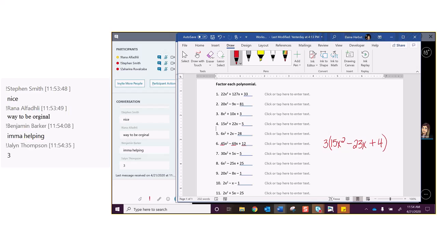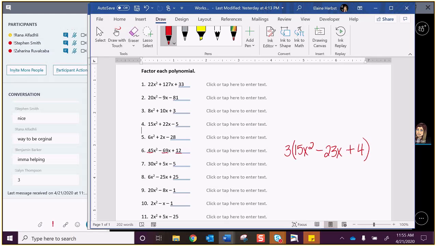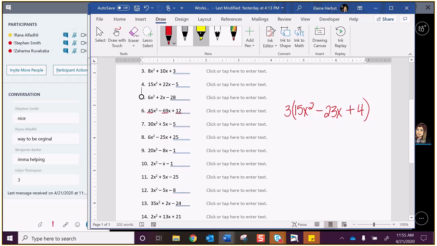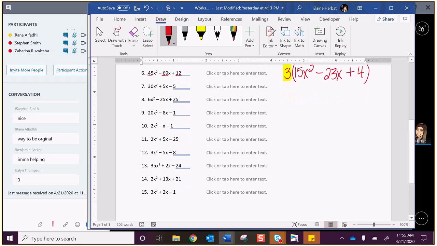That creates a trinomial now with much smaller numbers, fewer factors. 15 is just 1 and 15 and 3 and 5. 4 is just 1 and 4 or 2 and 2. Now, what's important to remember, and you're going to see this in a video in the coming days, is that this 3 is still part of the problem. And I don't think there's another one on this worksheet that does this.